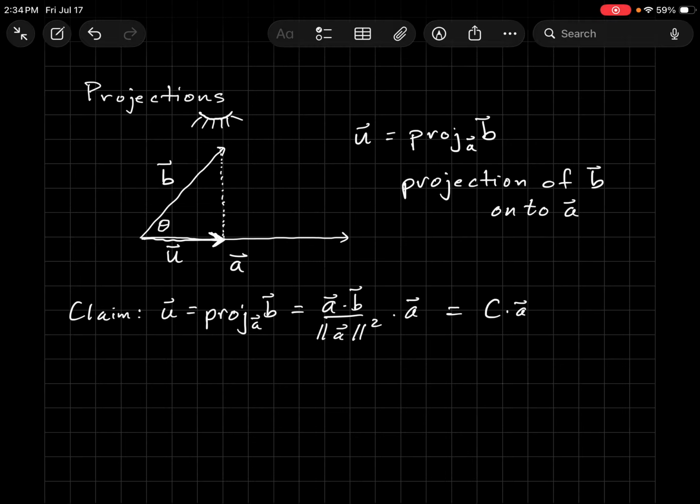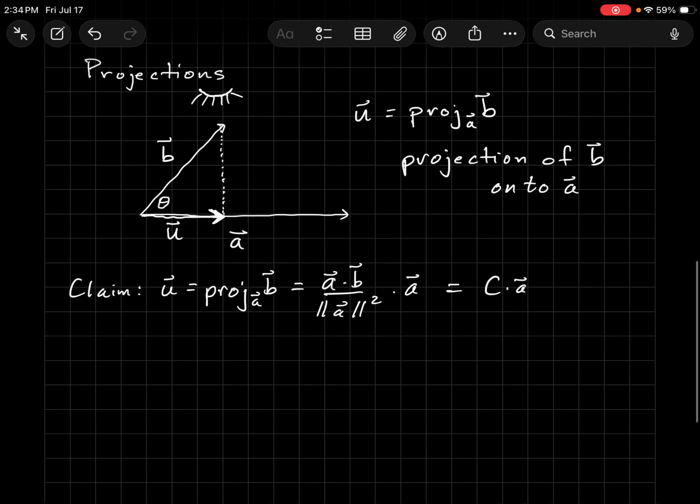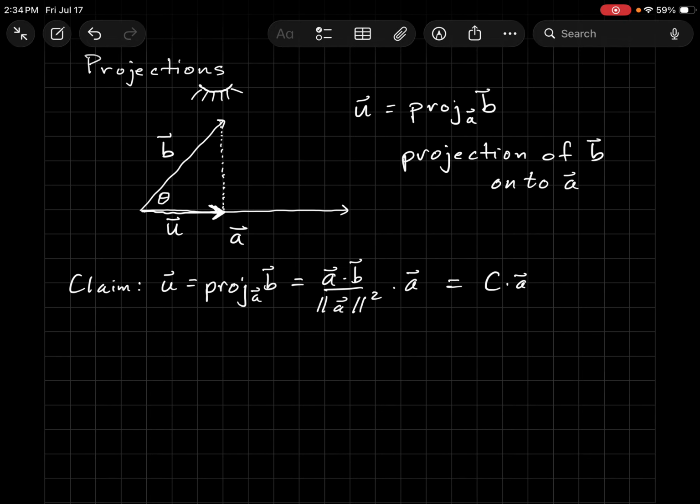So let's prove that, because in this course we want to start to learn how to prove things a little bit more rigorously, especially if you haven't done this before. So how could I prove that this is true? Well, there are a couple steps. Let's look at the first step. We saw it when we were setting up. We could see that the magnitude of U is going to be the magnitude of B times the cosine of the angle.